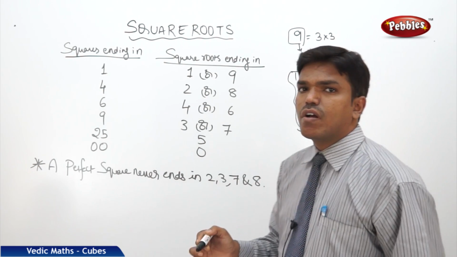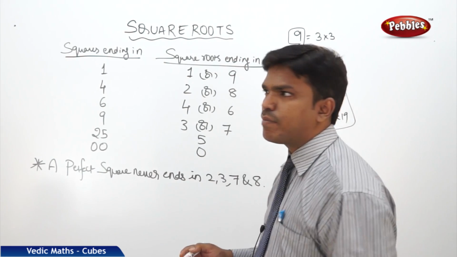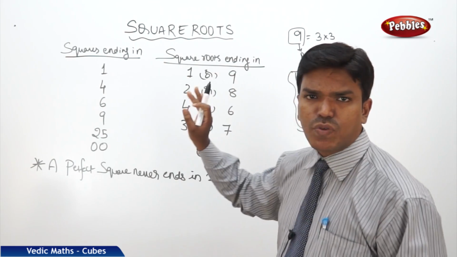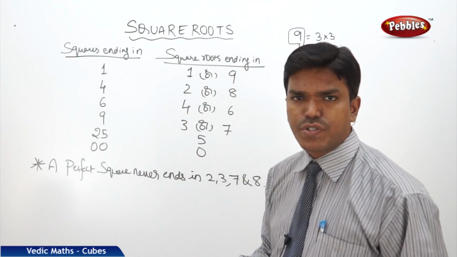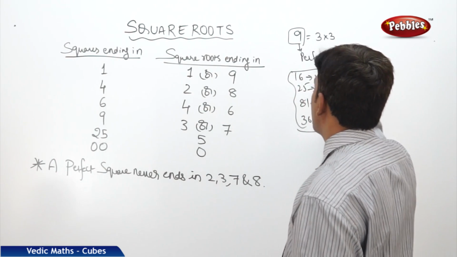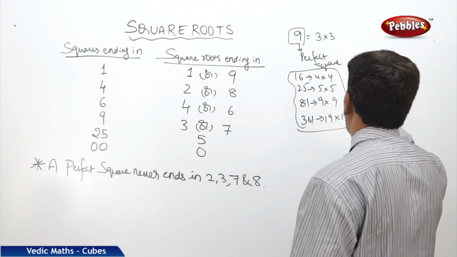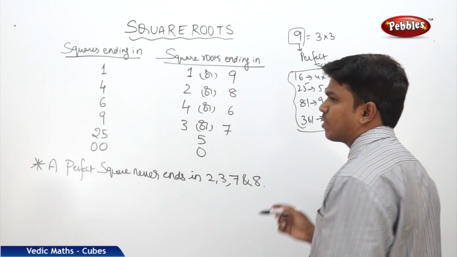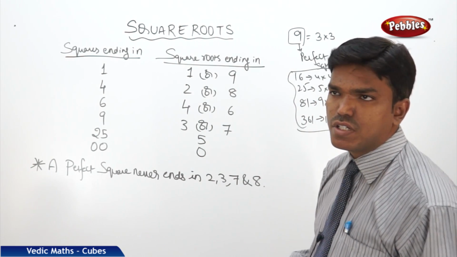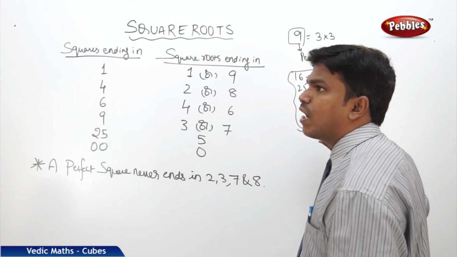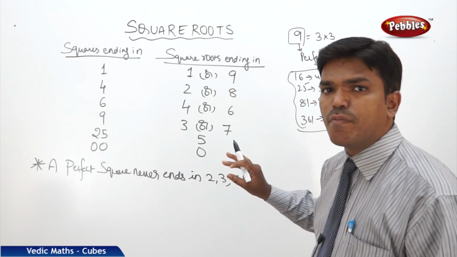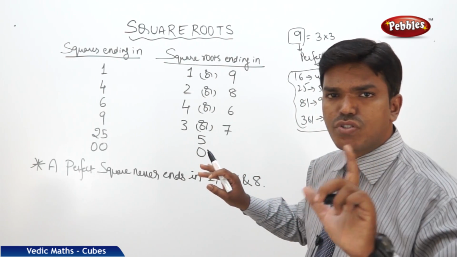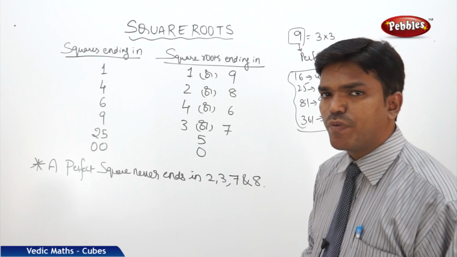Then what are imperfect squares? Apart from the perfect squares, all the remaining numbers are imperfect squares. Suppose, for example, the value of 24. Is 24 a perfect square or not? Can 24 be written as a product of two same numbers? No, we cannot write.